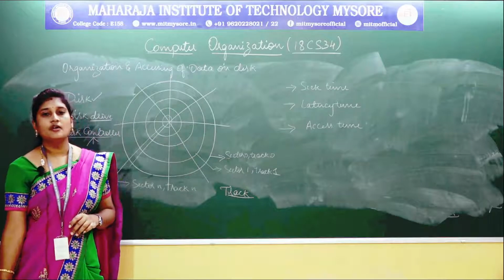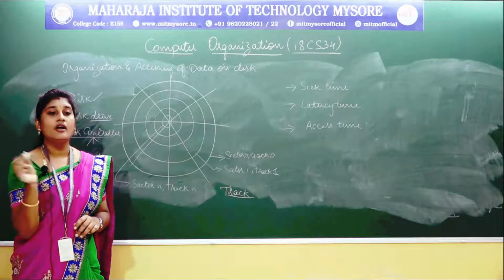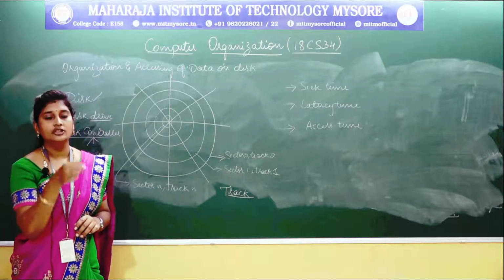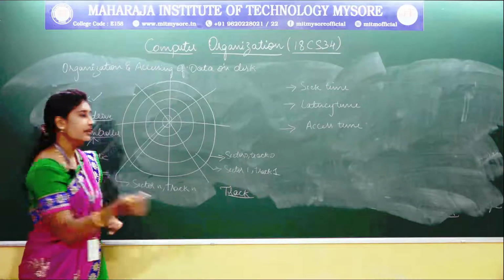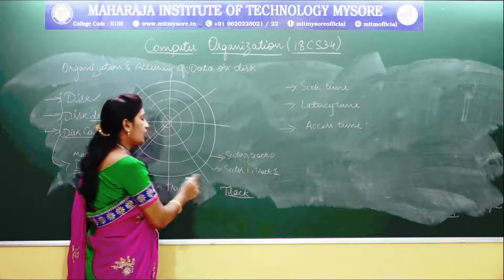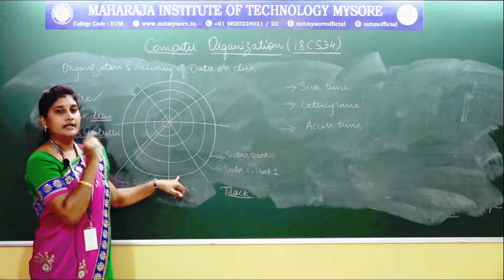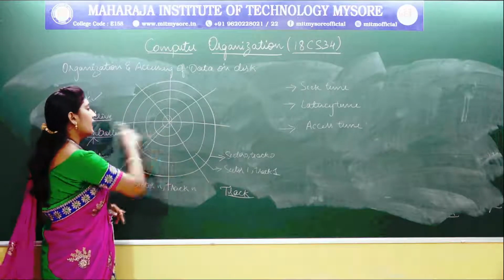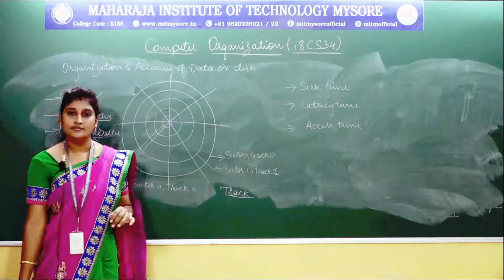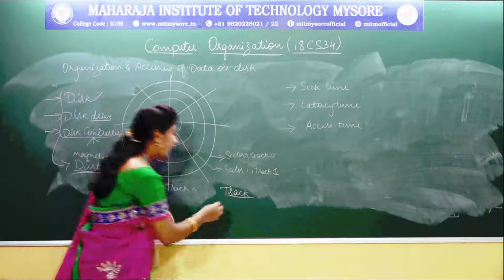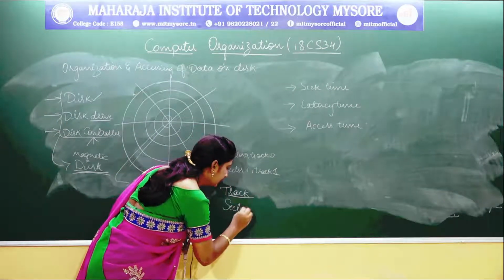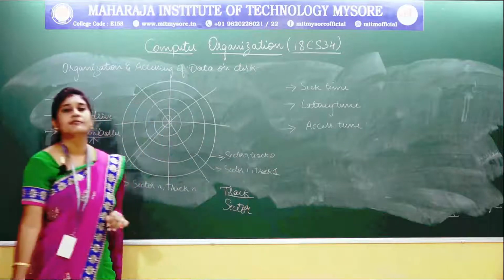So the surface of the disk is divided into numerous concentric rings, and these will be called tracks. Each track is again subdivided into different sections, and those sections you will call sectors.